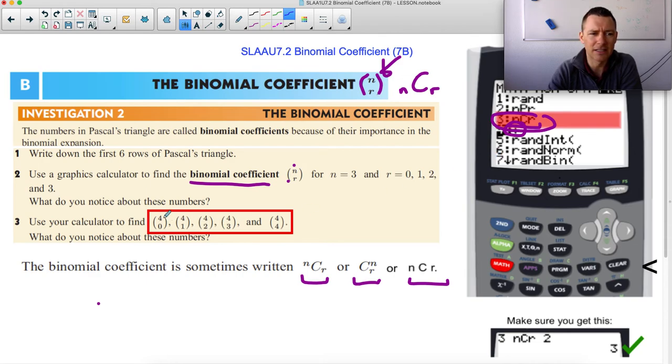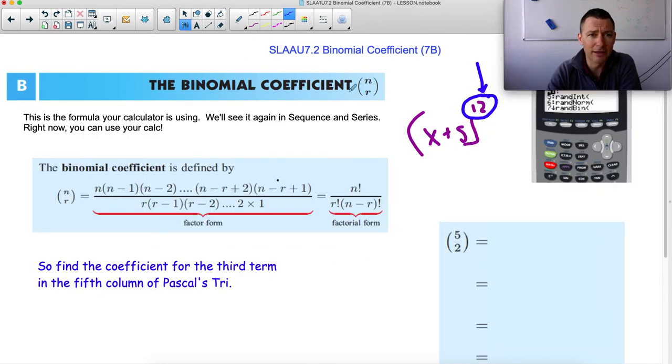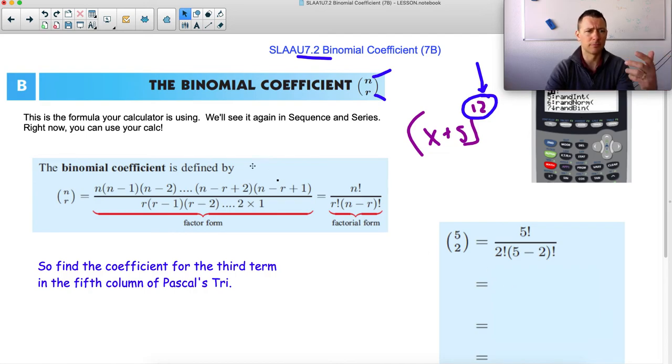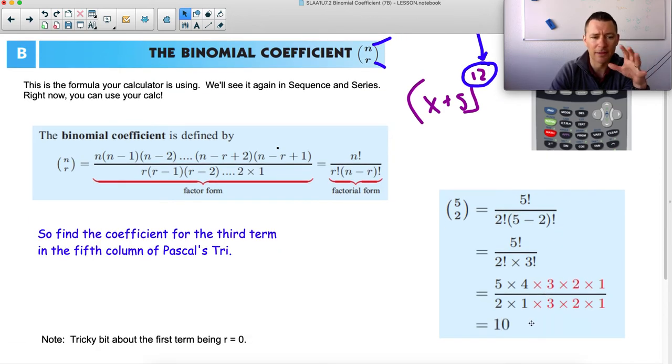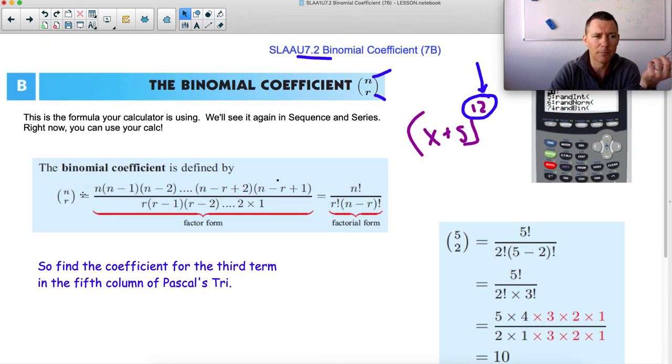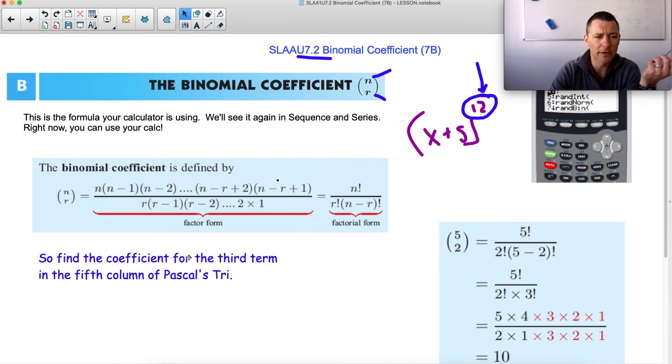Hopefully you can see that this is the row number and this is the number of terms into the triangle that you're going. Right now, just for 7-2, I just want you to be able to find this mechanically, n choose r on your calculator. You can also do it with the sequence and series formula, but I don't think it's necessary for you to do that at this point. So first I'd like you to just make sure you can get this with your calculator.